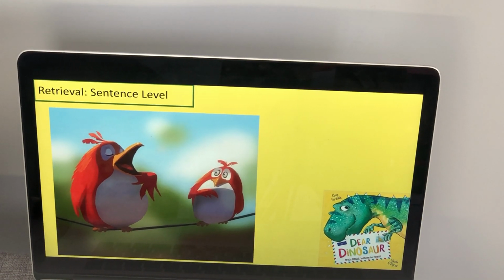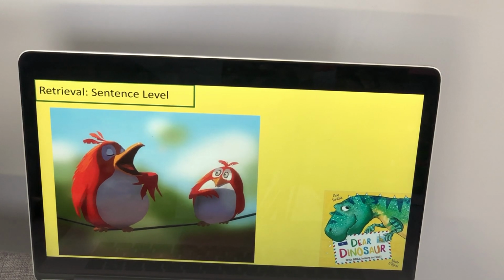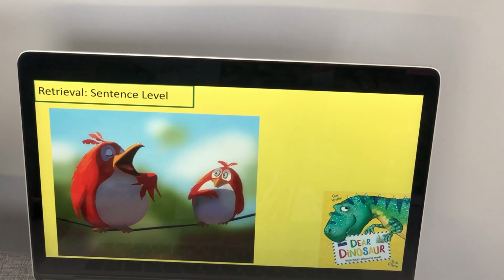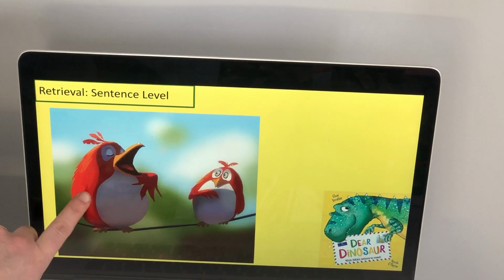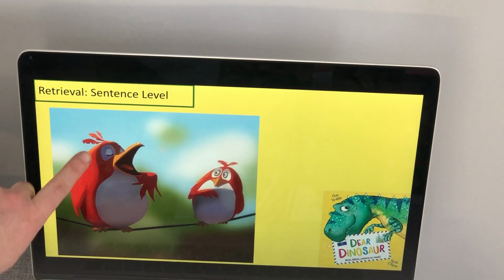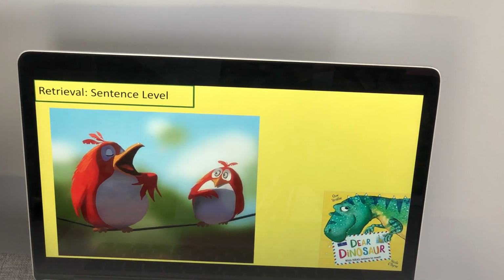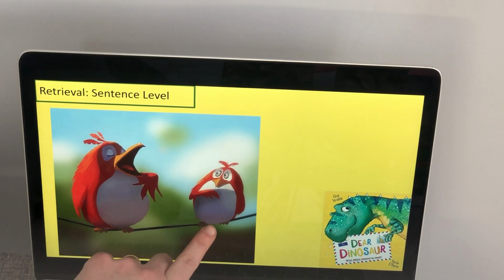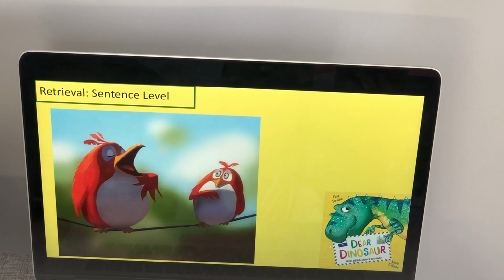Press pause on the video and say what you can see. Here's some more ideas. I can see a bird singing with his eyes closed. I can see a bird listening and looking a little bit wary as well.